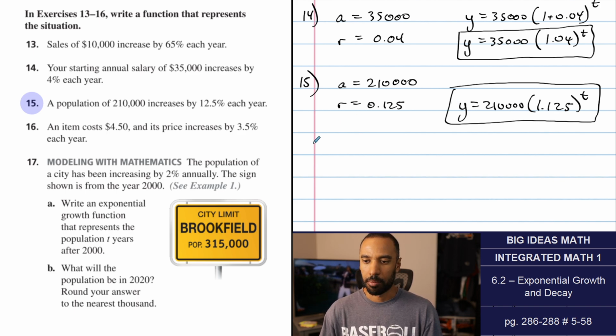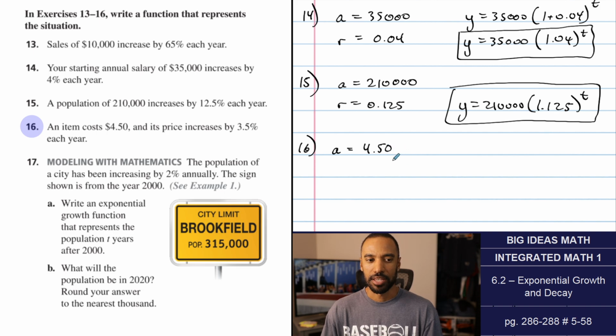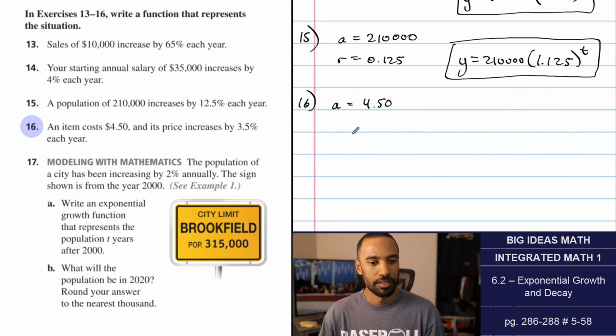And then the last one, number 16, says an item. Notice they're all about money and population. An item costs $4.50. There could be more things, by the way. That's your initial. And its price increases by 3.5% each year. Sounds like the cost of a burger. Its price increases.